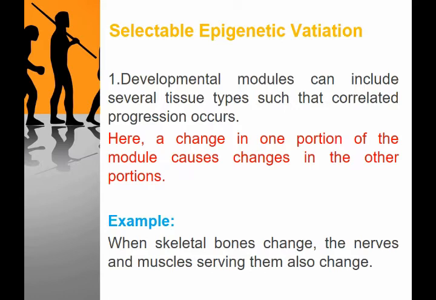For example, when the skeletal bones change, the nerves and the muscles serving them also change at the same time. So, the skeletal bones that already changed affect the nerves and the muscles, which change as well.